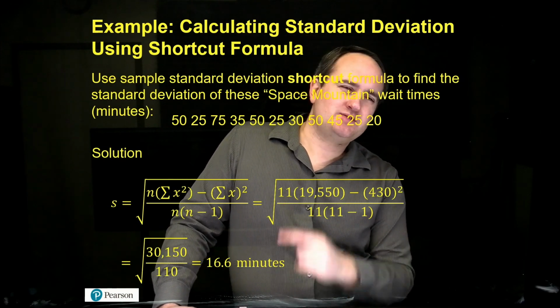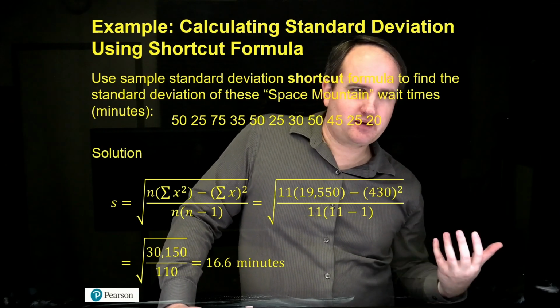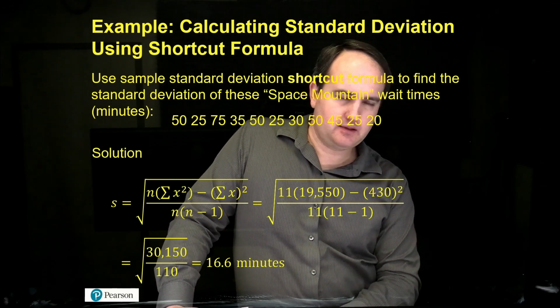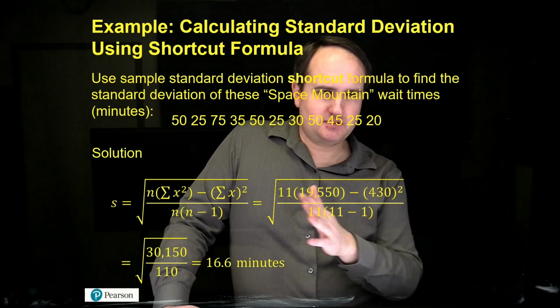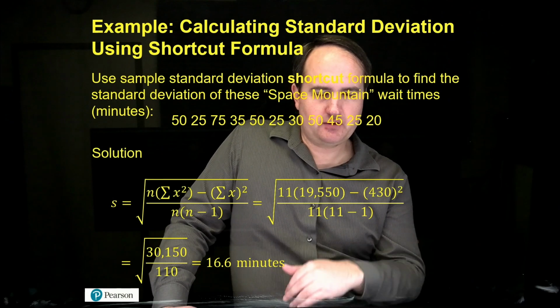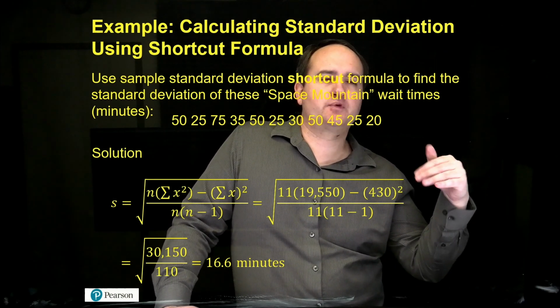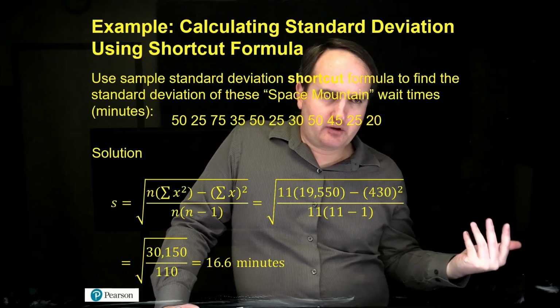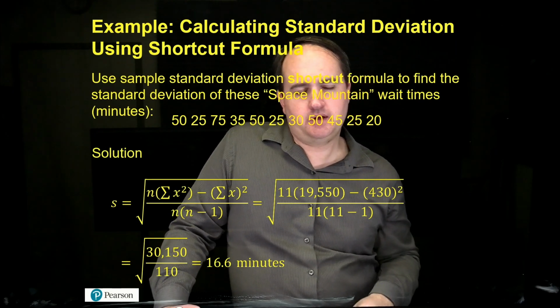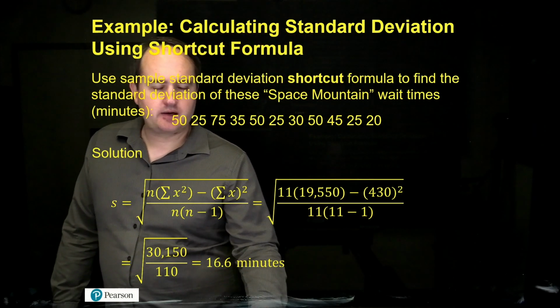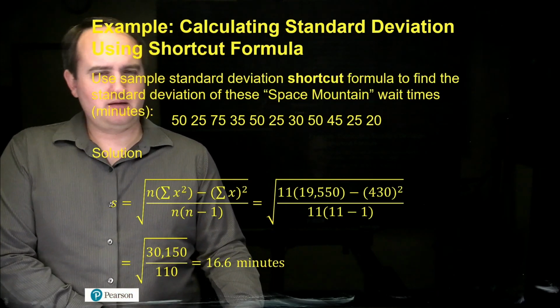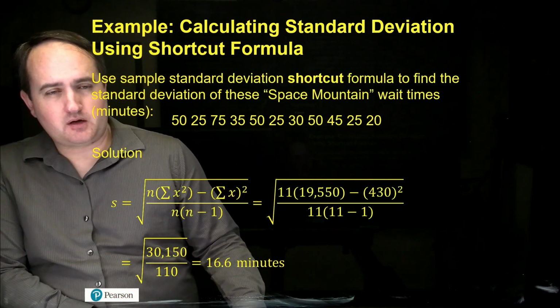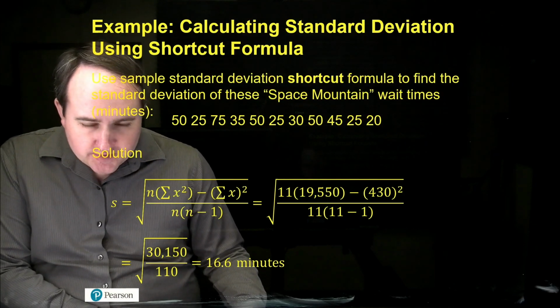I wouldn't recommend using both unless you want to be extra thorough and learn every single way to do a problem, but you might get them confused, so I would just pick one or the other. Either the long formula with all the steps or the shortcut formula, and then I recommend doing it the way I do.